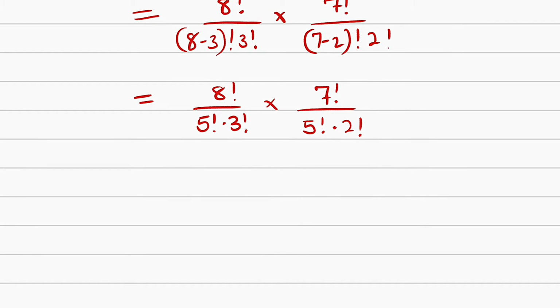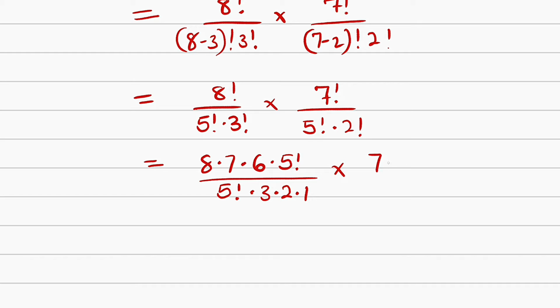So let us break it down. This becomes 8, 7, 6, 5. I will stop here because I have 5 factorial down. Then 3 multiplied by 2 multiplied by 1, times we have 7 here, 6, 5. I will stop here. Divide by 5 factorial, then multiply by 2 times 1.